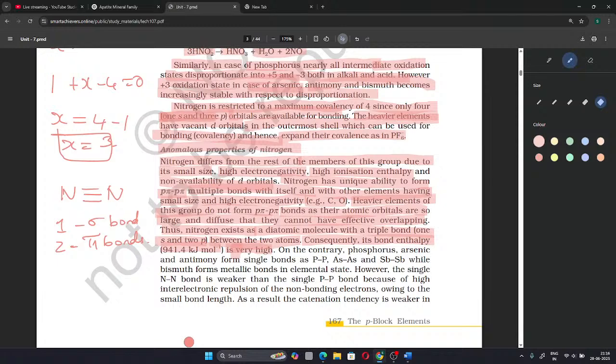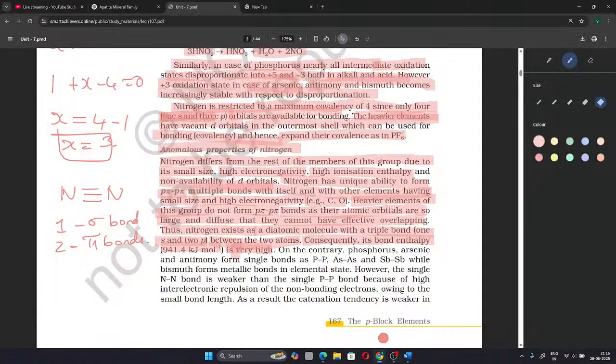Bond enthalpy is the energy required to break a bond, and it is directly proportional to the bond order, the number of bonds. The higher the number of bonds, the higher the bond enthalpy. Because of this, when nitrogen forms 3 bonds, the bond enthalpy is very high because the bond order is 3.